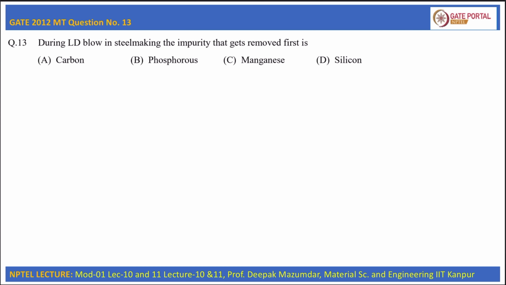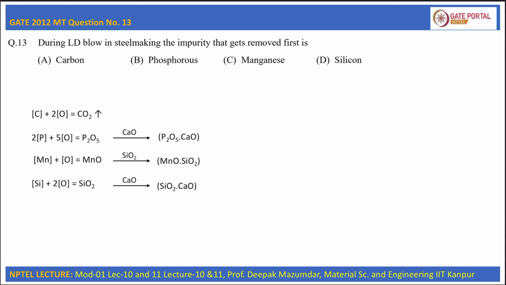All the impurities mentioned in the options are removed by oxidation in the LD steel making process. As you can see from the reactions, carbon reacts with the dissolved oxygen and is removed as CO2 in gaseous form, and phosphorus, manganese and silicon all react with the dissolved oxygen and form their corresponding oxides.